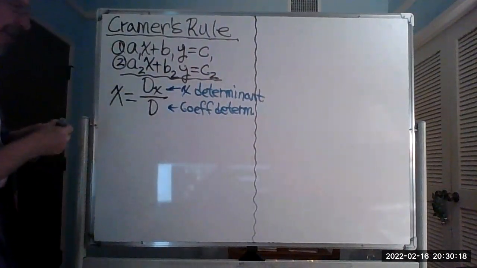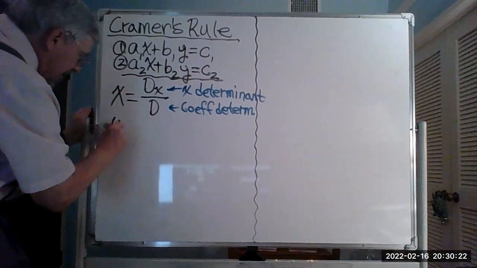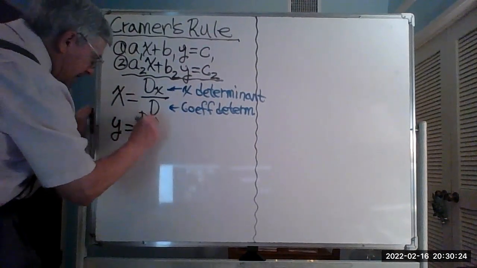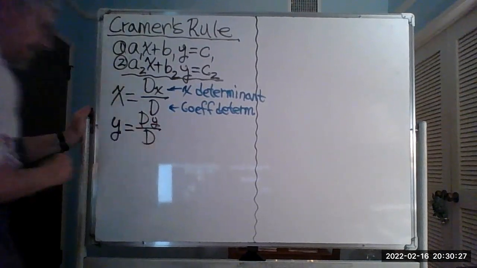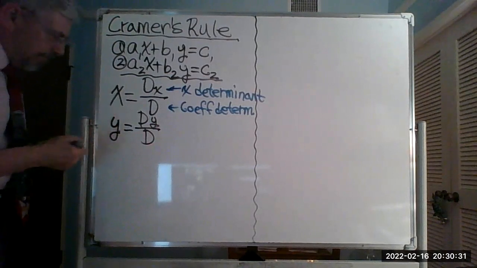Likewise, y would be D sub y over D. Same thing, the y determinant over the coefficient determinant.